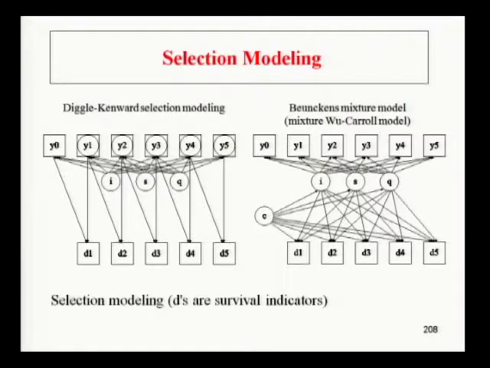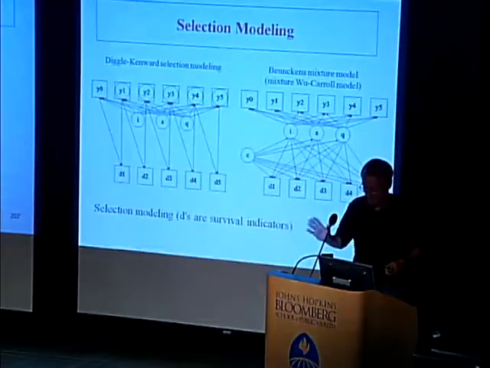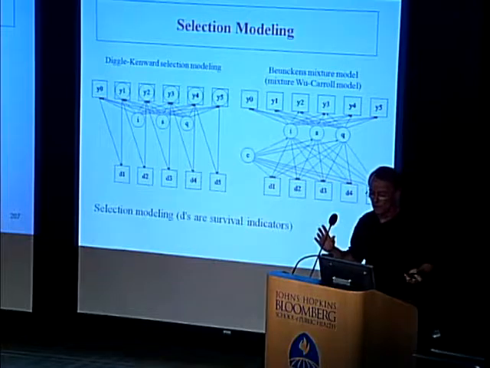But let's do it in pictures instead. Here is selection modeling. If you remember, selection modeling is modeling missingness M as a function of Y. Let's break that down. We can talk about M as a missing data indicator, but let's now focus on dropout.